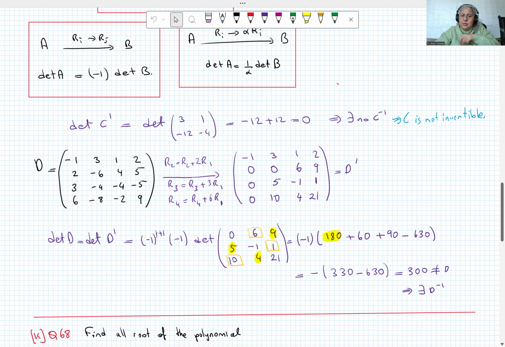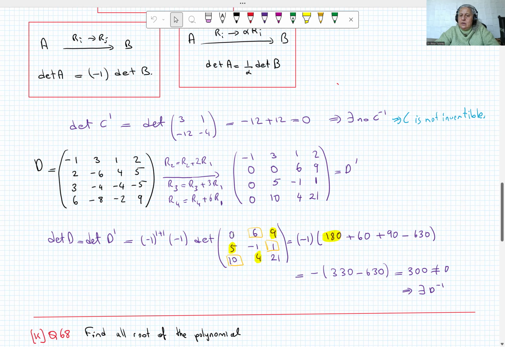Now this will be plus 1 and this will be the entry minus 1, and the minor of that 1 1 position, which means that you're removing this column and this row, and the matrix is here. This matrix will be the matrix we need to calculate the determinant on. That's the minor D11, in this case.